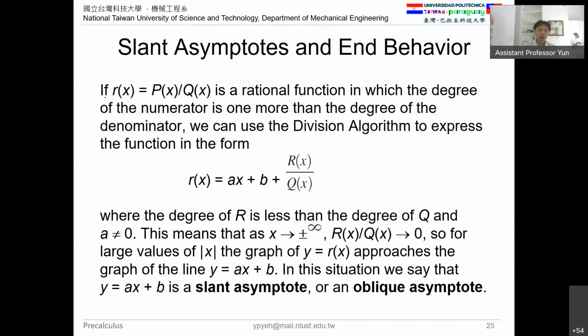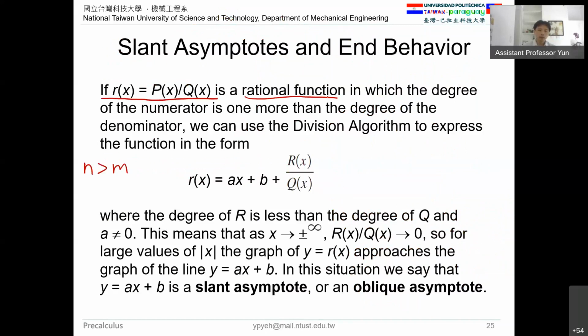So if we have the rational function r of x equal to p of x divided by q of x, in which the degree of the numerator is 1 more than the degree of the denominator, which means that n is larger than m here.